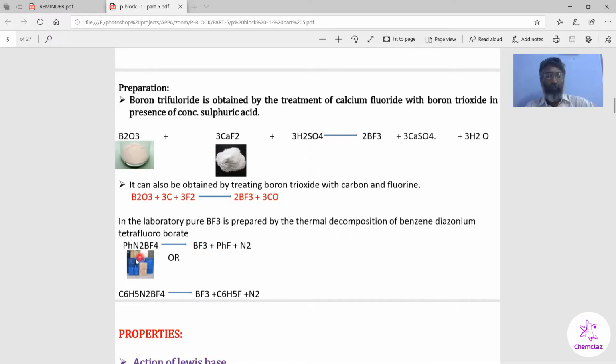Phenyl we can represent as Ph, or you can write C6H5N2BF4 for benzene diazonium tetrafluoroborate. Thermal decomposition gives boron trifluoride, phenyl fluoride, and nitrogen. So that is the preparation from boron trioxide and benzene diazonium tetrafluoroborate.